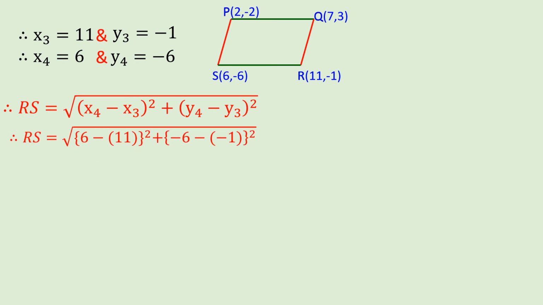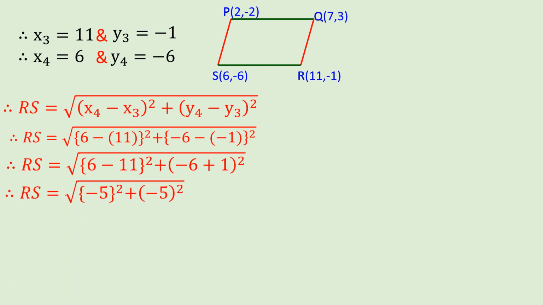Substitution: root of 6 minus 11 whole square plus minus 6 minus of minus 1 whole square, which simplifies to minus 5 whole square plus minus 5 whole square.